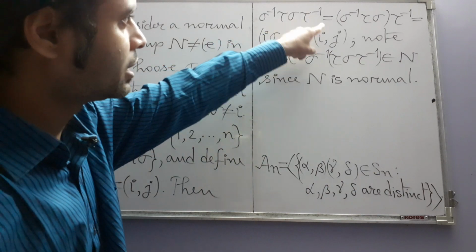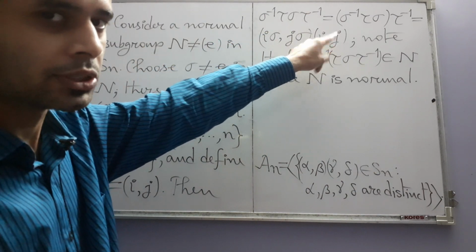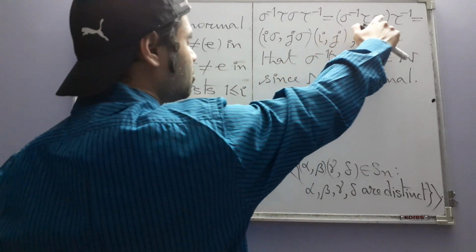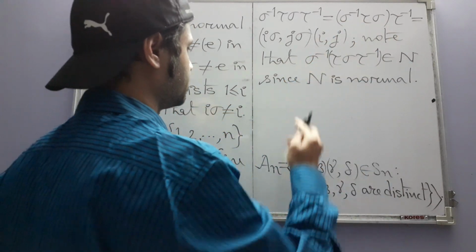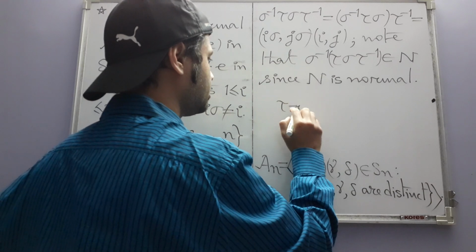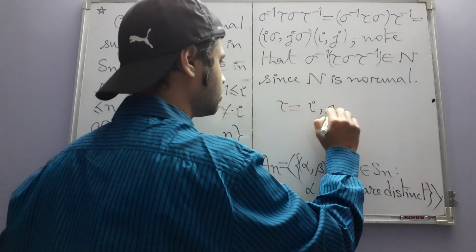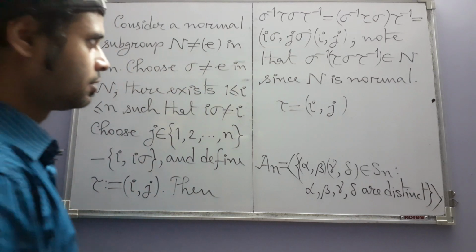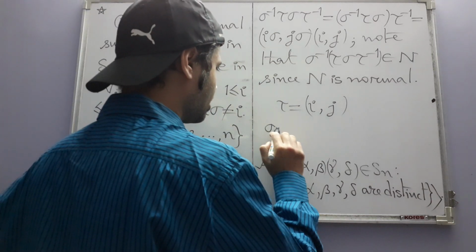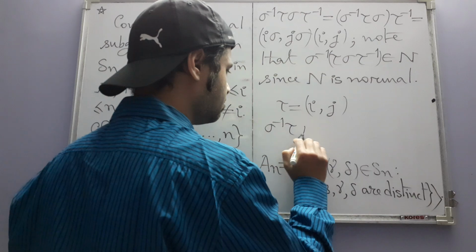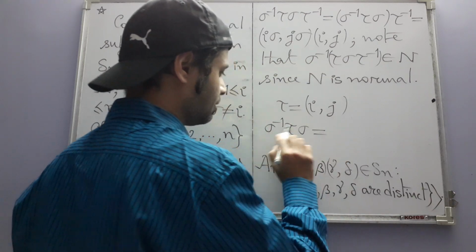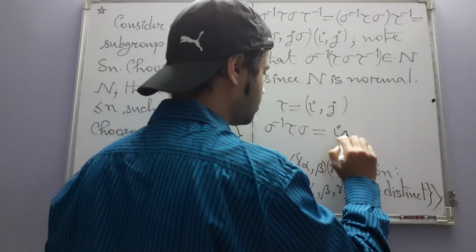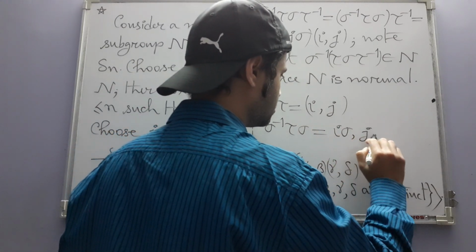We understand why tau inverse is this, I comma J, same thing, tau inverse is the same as tau. But what about this? Originally tau is what? This. Now if you apply sigma inverse tau sigma, I mean if you do this to tau, then it becomes this.